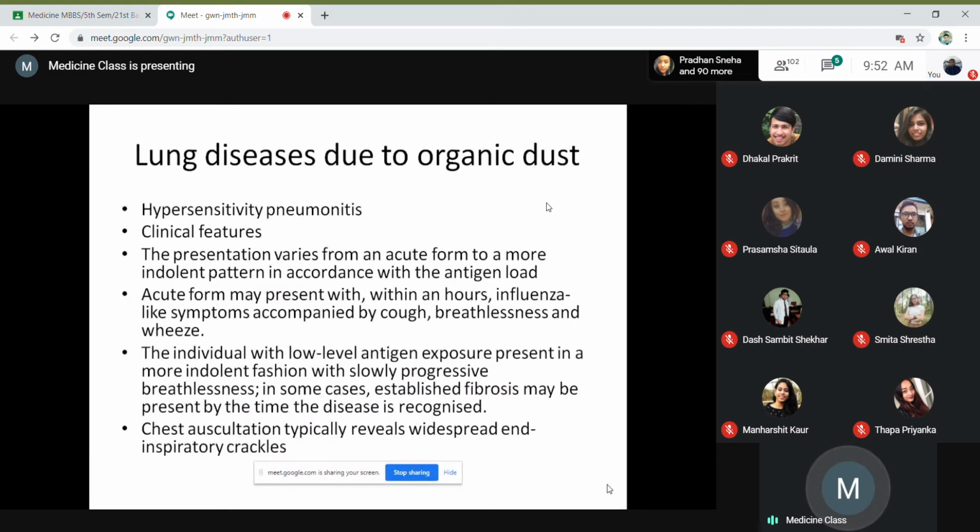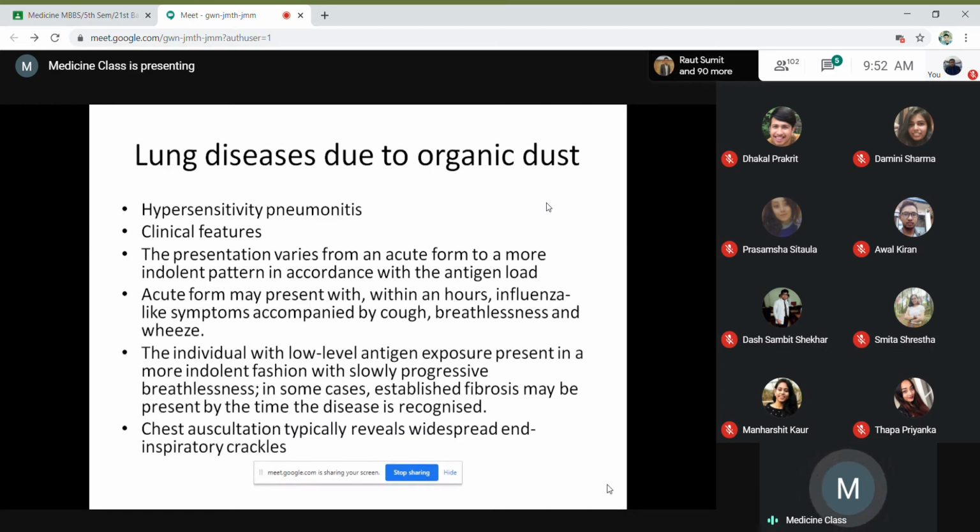Sometimes individuals may be exposed to a low level of antigen, and they present in a more indolent fashion with slowly progressive breathlessness. So breathlessness will be there, but it will not be acute in onset. Sometimes these patients may also have established fibrosis.